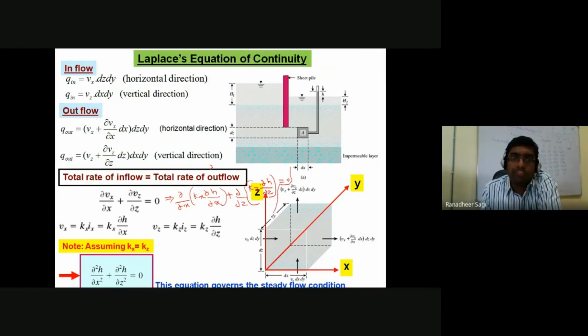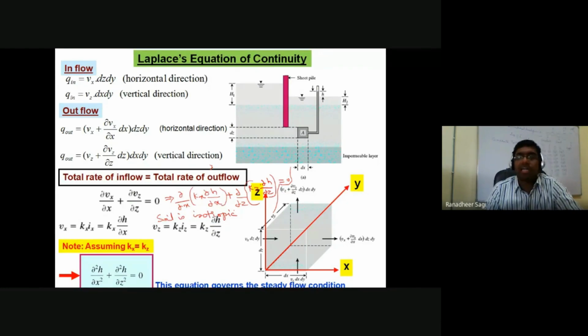And if I consider the soil to be isotropic, what does soil isotropic mean? At a particular position in the soil, at any point in the soil, the properties of the soil in any direction at that point are going to be the same.